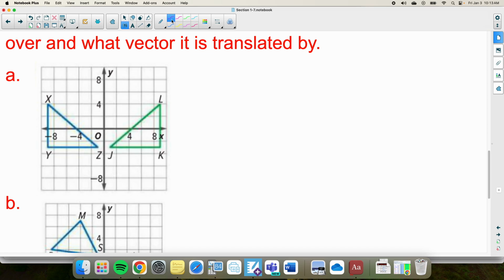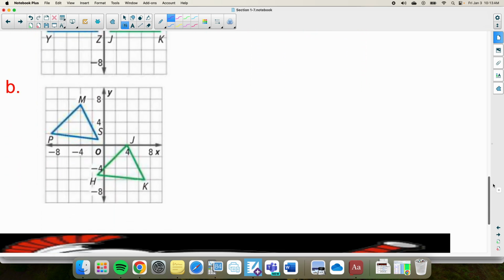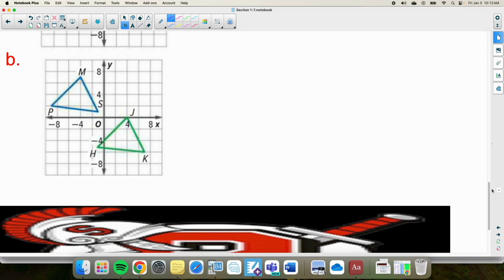You just have to say rotation, reflection, translation. This is a reflection, okay? And then if I look at the next one down, isn't that one just translated? Translation. Yeah, that one's just a translation.